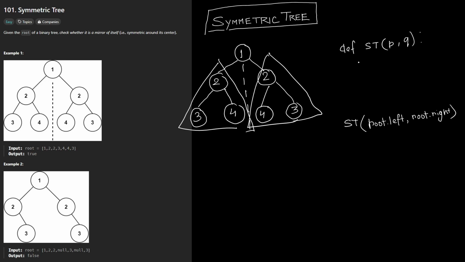So the first thing we can check is that if p is none and q is none, in that case we are going to return true. In case p is not equal to none and q is equal to none, in that case it's not the same, so we are going to return false.